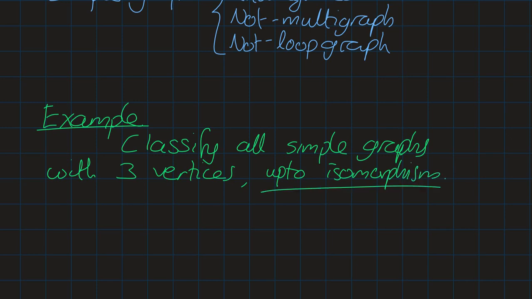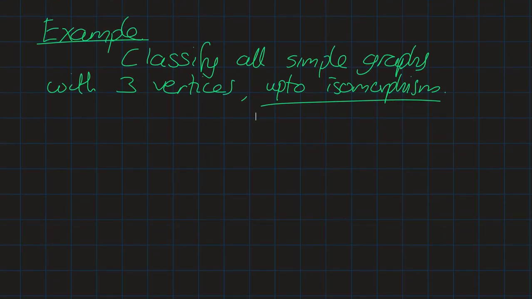So what I mean by up to isomorphism is if 2 graphs are isomorphic, I count them as the same. Okay? Because if I don't count up to isomorphism, well then you're essentially counting infinitely many different ways of drawing the same graph. So if they're isomorphic, I count them as the same. And this is a very important caveat.